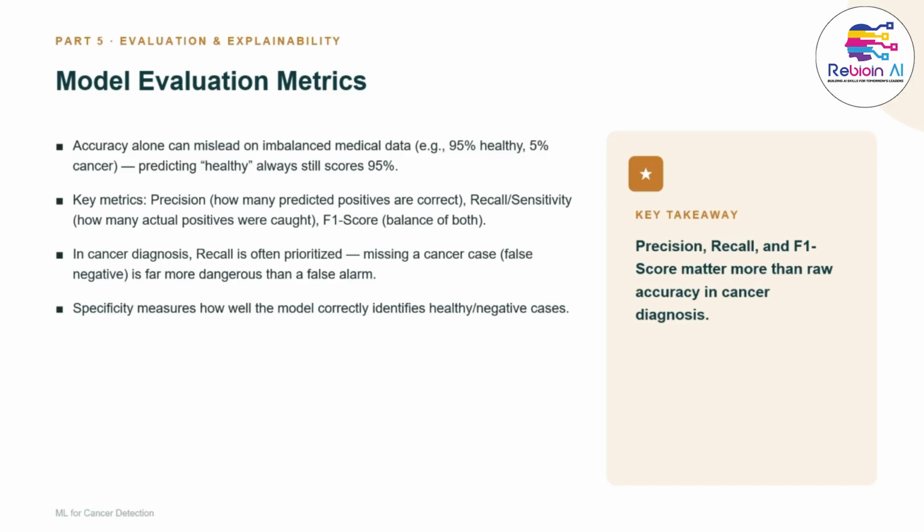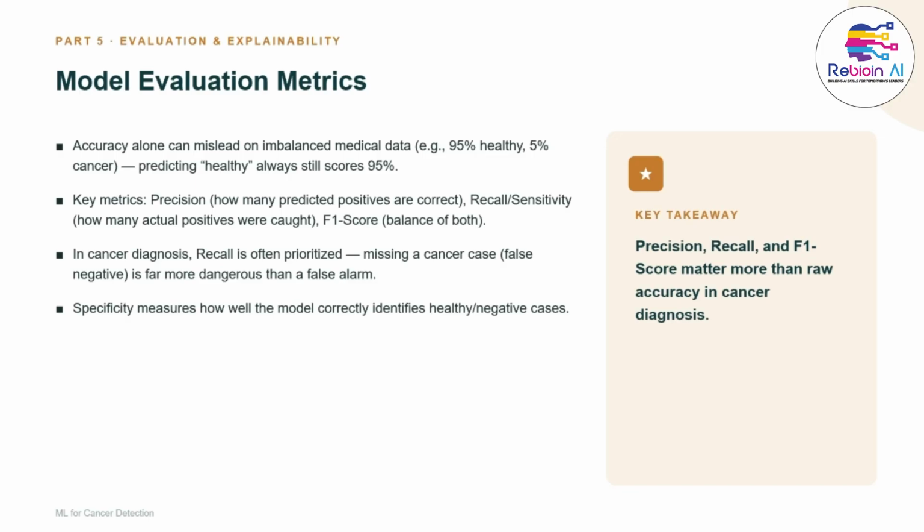This is why we use more nuanced metrics. Precision tells you, of all patients flagged as cancer, how many actually were. Recall, or sensitivity, tells you, of all patients who actually have cancer, how many the model correctly caught, and F1 score balances the two. In cancer diagnosis, we usually care more about recall than precision, because a false negative, that is, telling a cancer patient they are healthy, is far more dangerous than a false positive. For example, imagine airport security.